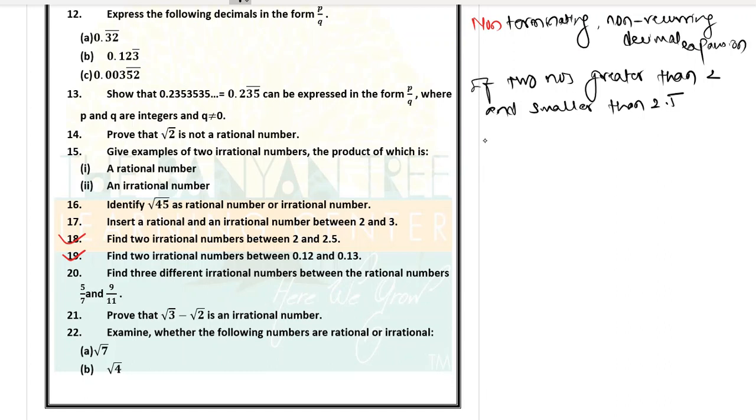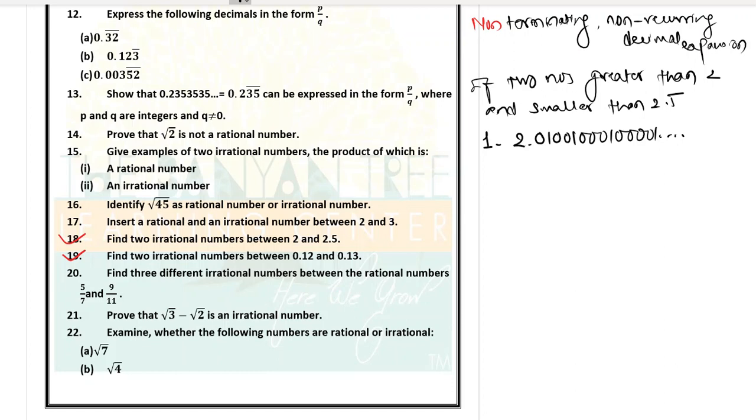So the first number can be 2.01001000100001, and so on. This is an irrational number. Why is this an irrational number? Because the pattern of repeating digits is changing continuously.